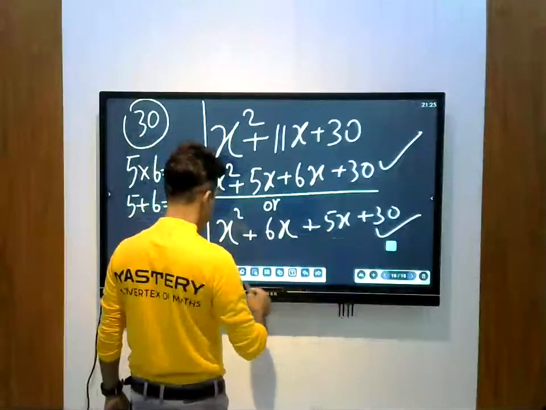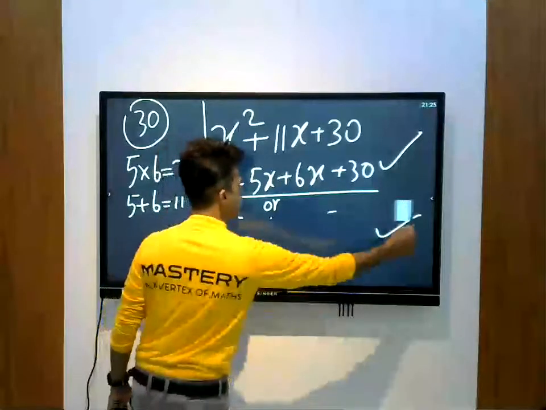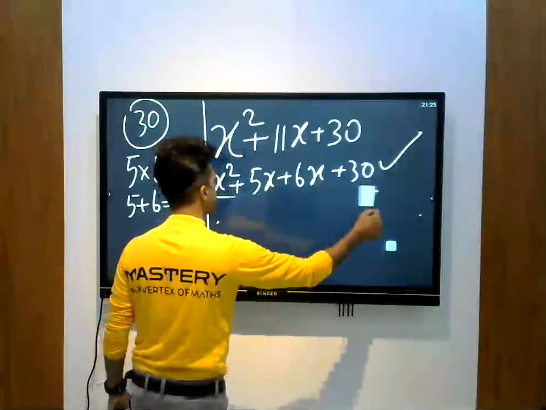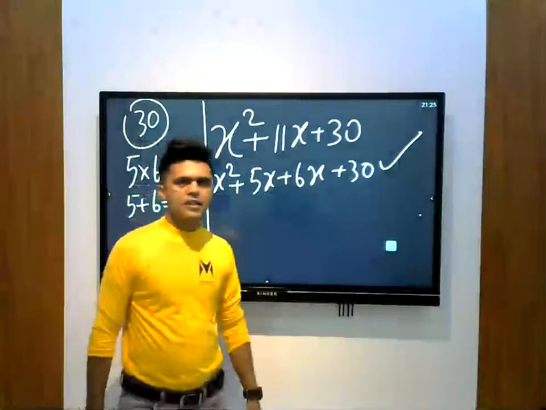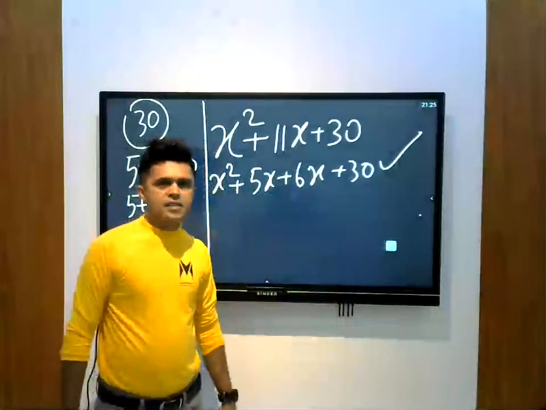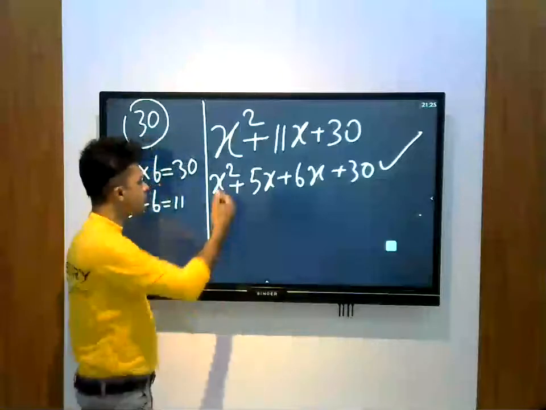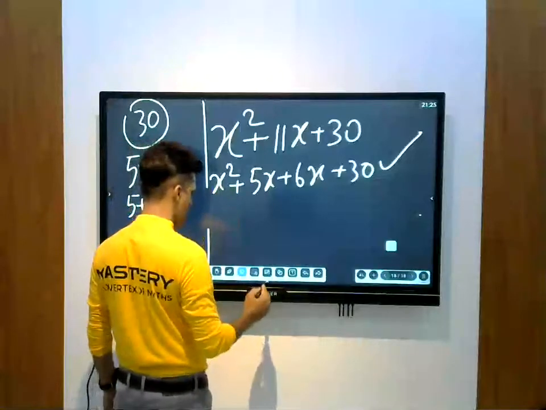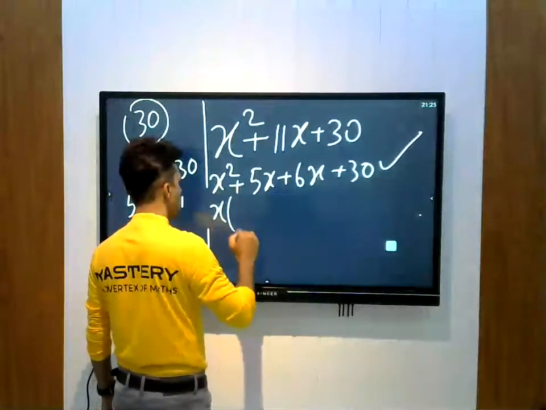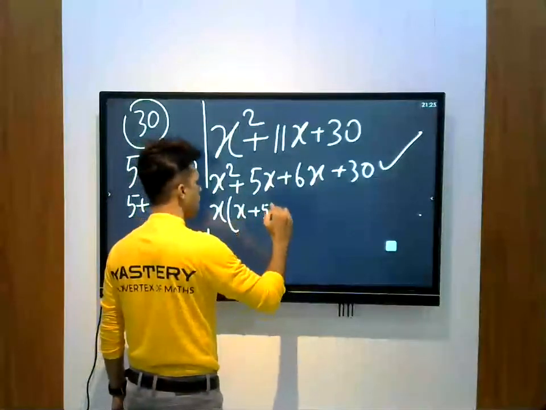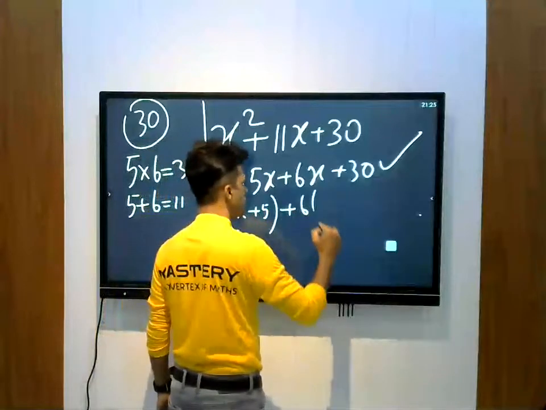Then how to factorize this one? We've written x squared plus 5x plus 6x plus 30. Take x as the common factor. x into x plus 5, plus 6 is the common factor.